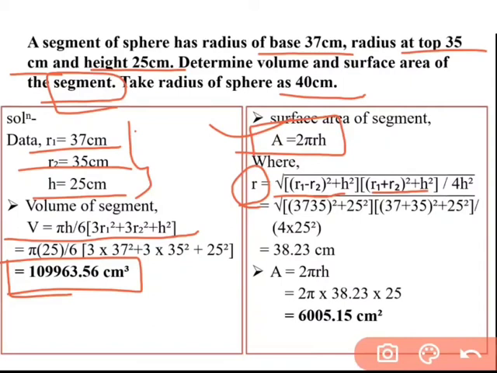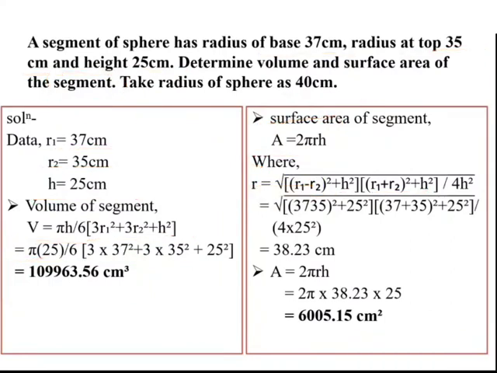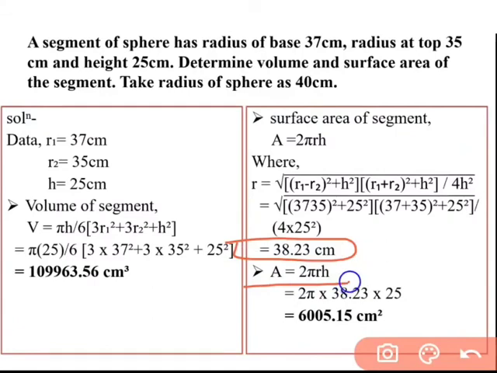Put the value in this equation. So we get the answer of small r, that is 38.23 centimeter. So the surface area of the segment A is equal to 2 pi small r into h. Put the value in the equation. So we get the answer of surface area of the segment capital A.